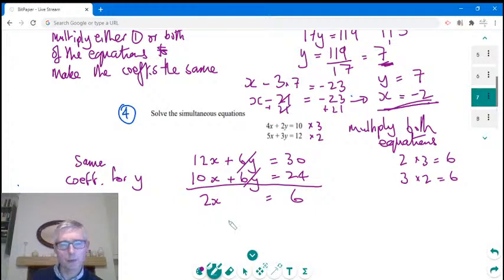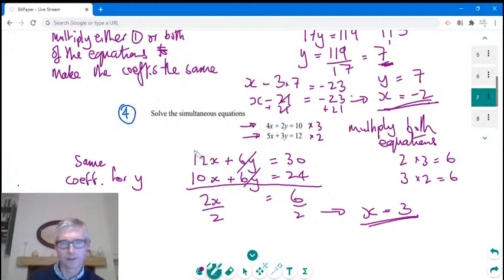So now I'm just going to divide through by 2, and what that will give me is that x equals 3. And so we then replace the x in one of the equations, and that will give us what y is.